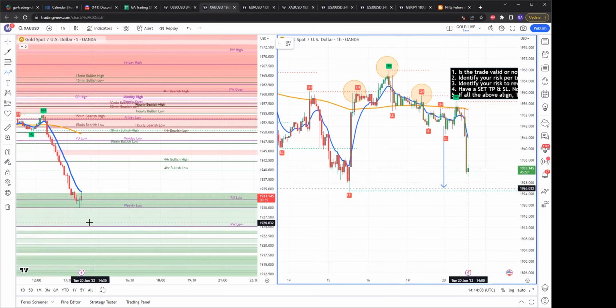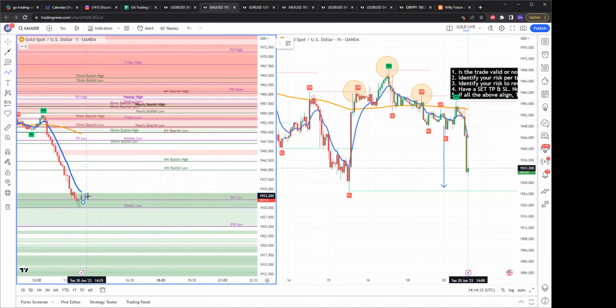Looking at where price is at, it might come down to this 1923 area, but when we do get that reversal on gold, I will enter. I'm guessing it will go down a little bit and then come back up, give us the reversal entry based off of the reversal indicator.